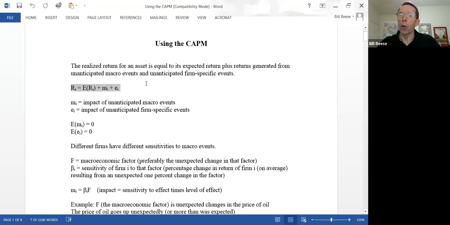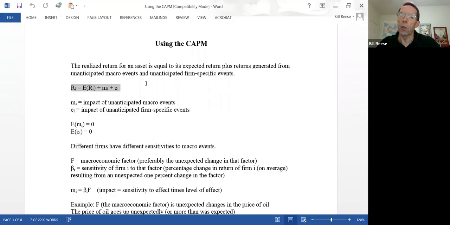And we're saying there are two categories of things that were not expected: things that impact the entire economy, and of course this firm is part of the economy, so it gets impacted through that, and things that impacted just this stock but didn't impact the entire economy, like a good earnings report or a bad earnings report, something like that. A recession or inflation or an increase in gross domestic product, things like that will affect the entire economy. So the firm does get affected. That's the M sub I.